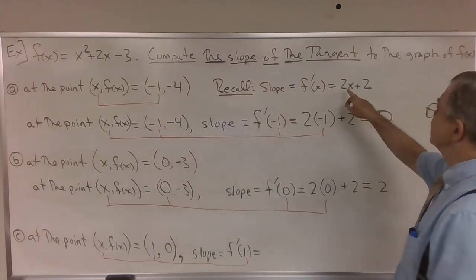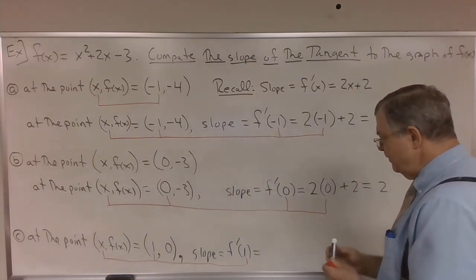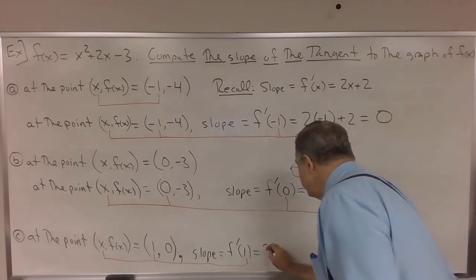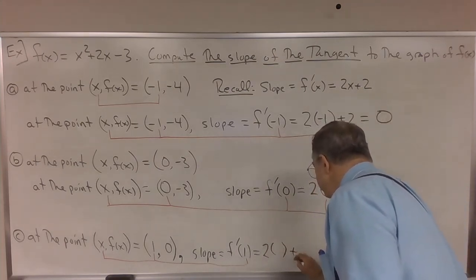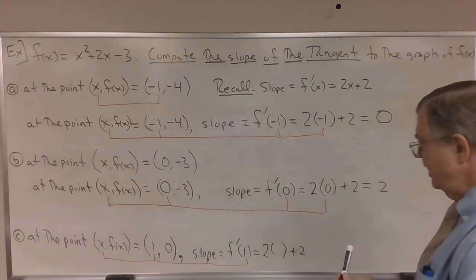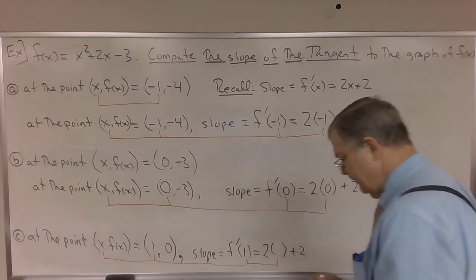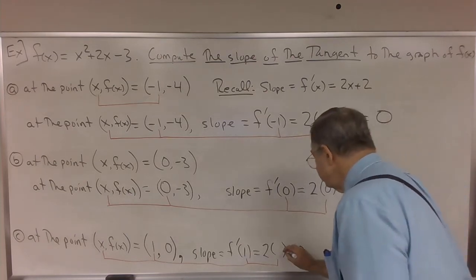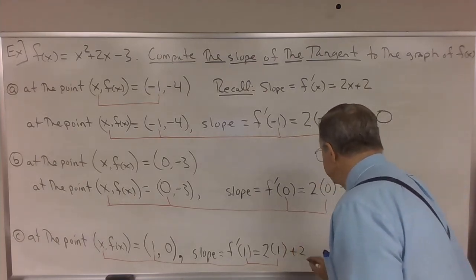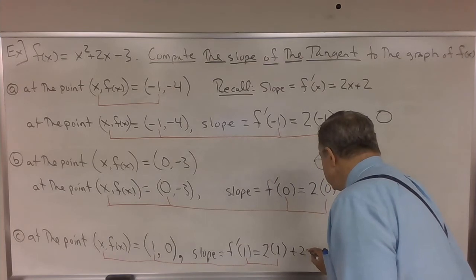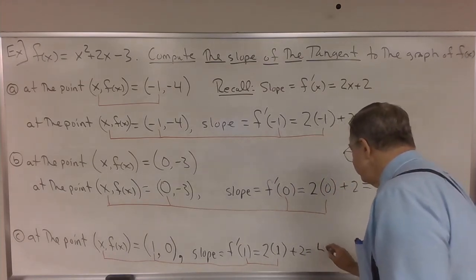And our derivative is 2x plus 2, and our x value is 1. So we plug x equals 1 in, and we get 4.